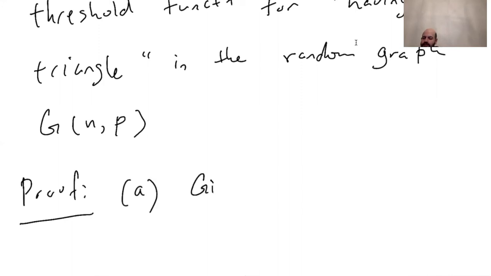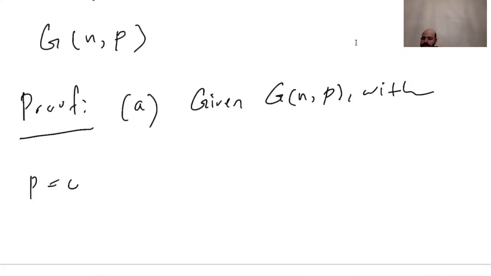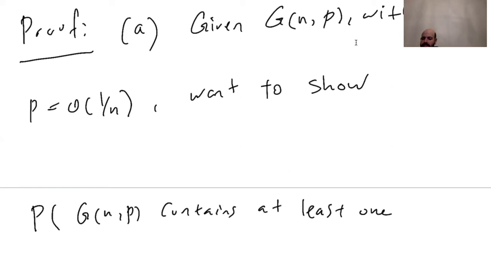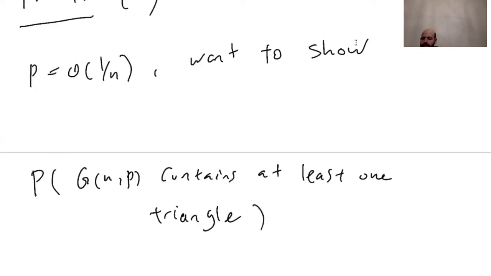Given G of n and p with p equals small o of 1 over n, we want to show that the probability that G of n and p contains at least one triangle is 0 as n goes to infinity.